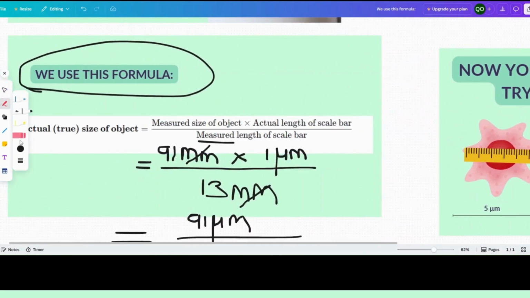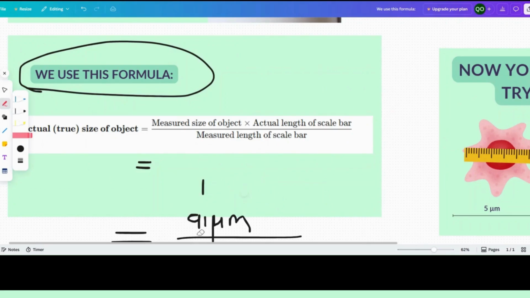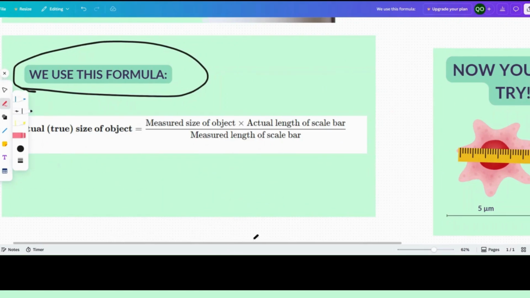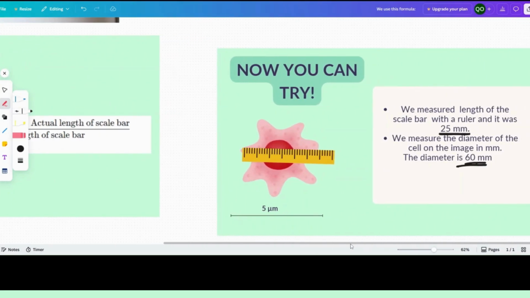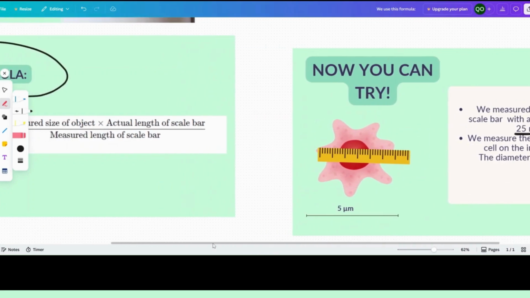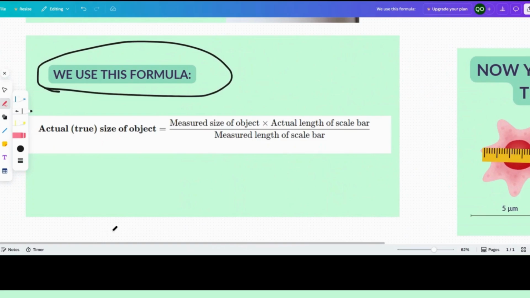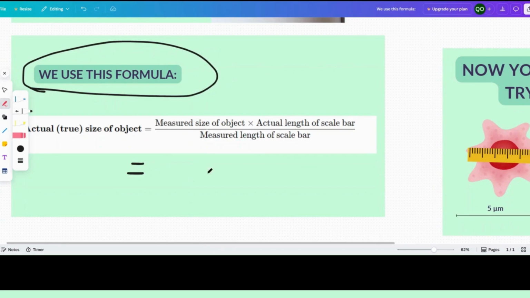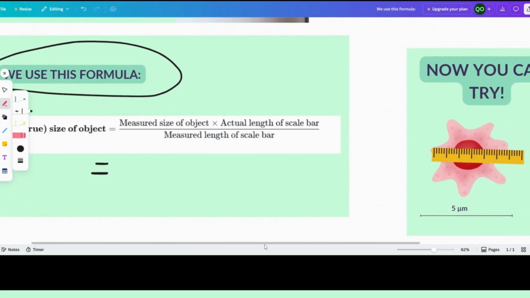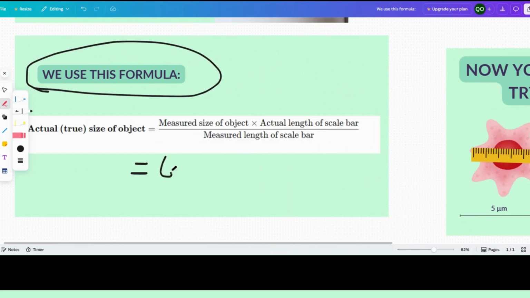That's actually much easier than working out how many micrometers are equal to 1 millimeter, etc. So the measured size of the object, we said, was 60 millimeters.